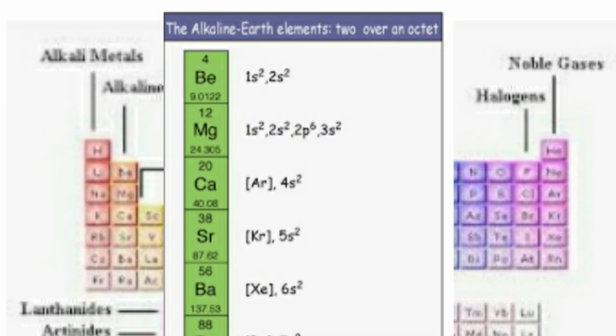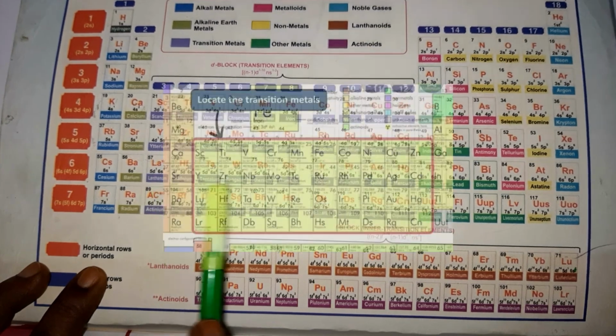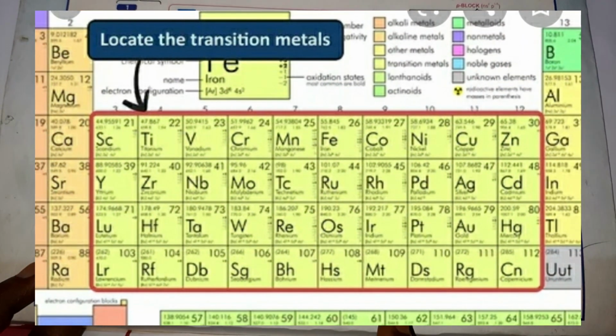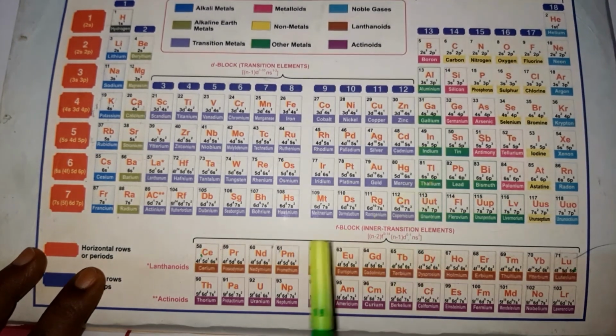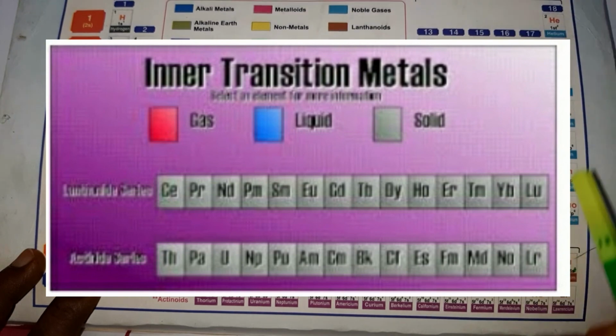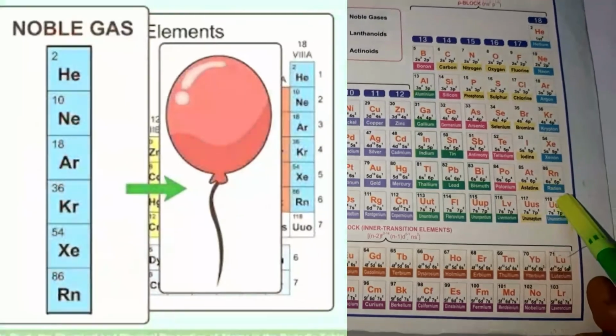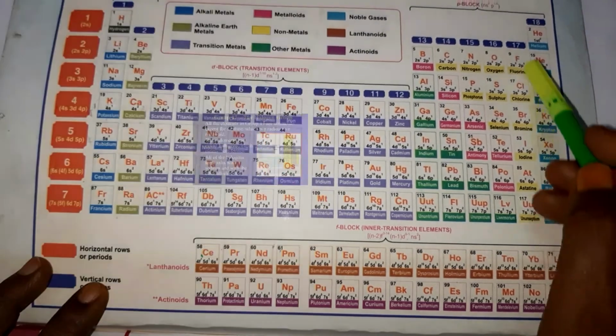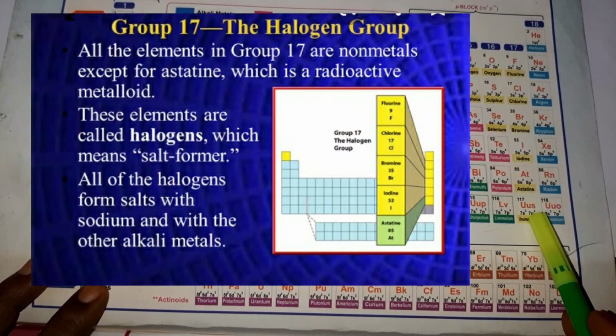And then the elements from the third group to the 12th group are called transitional elements. Okay, children. And then lanthanides and actinides are called inner transitional elements. And the 18th group elements are called noble gas or inert gas elements. And the 17th group elements are called halogens.